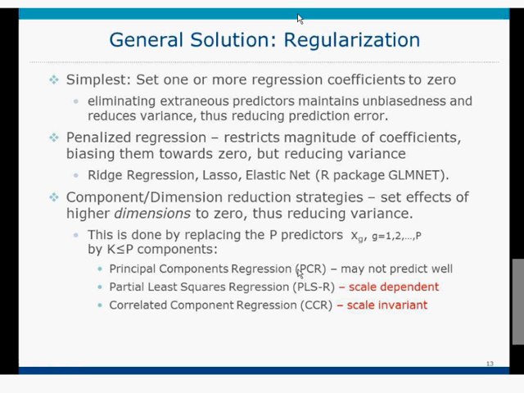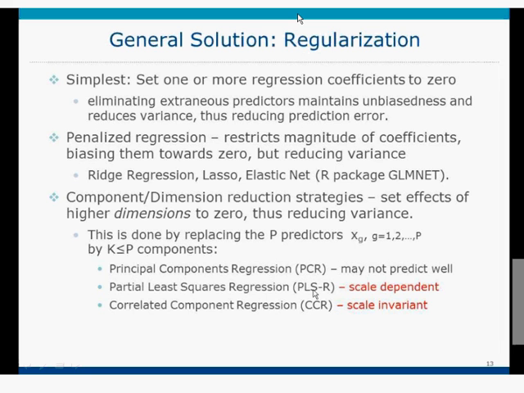The problem with that is that principal components does not use the dependent variable at all. So the first component has maximum variance, the second component has second most variance, but that may or may not predict what you're interested in predicting. So it may not predict well.